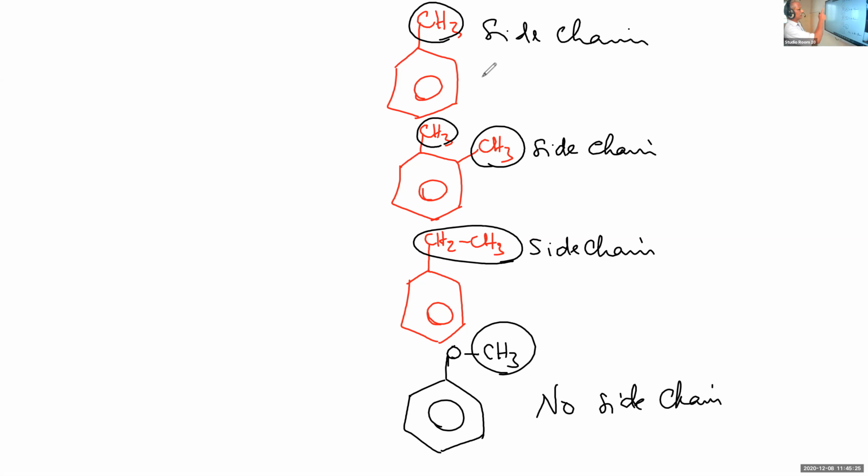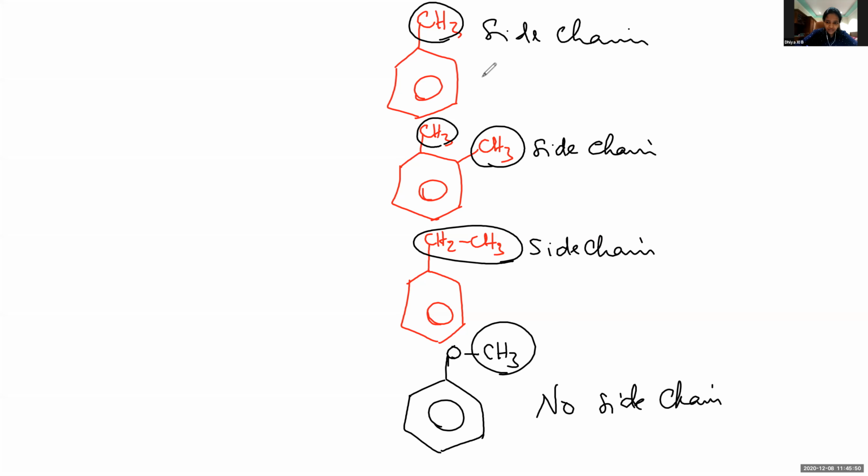In the first, second, third, and fourth compounds there is a CH3. Try to explain. Let it be wrong or right, it doesn't matter. Try. What is special with this?